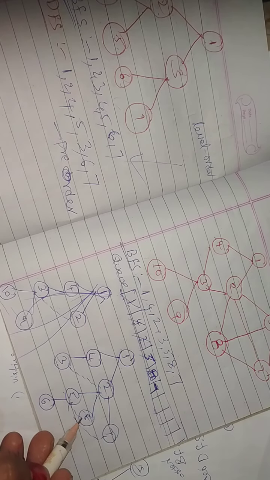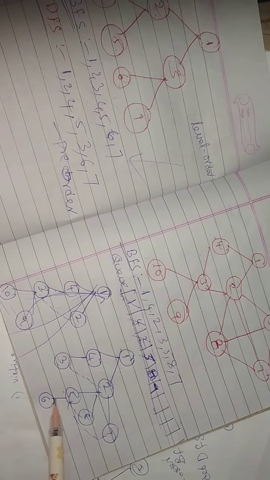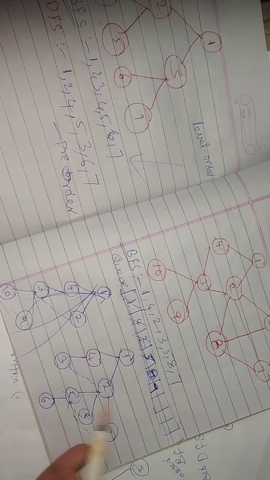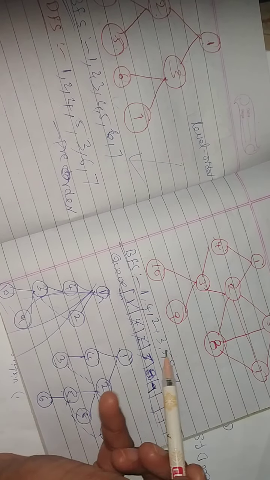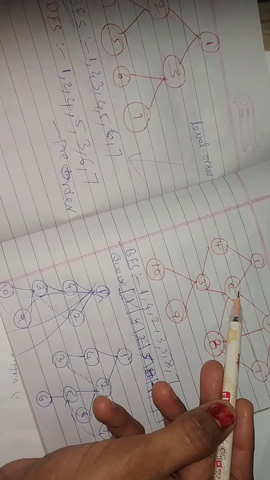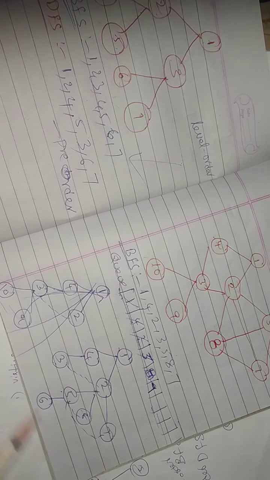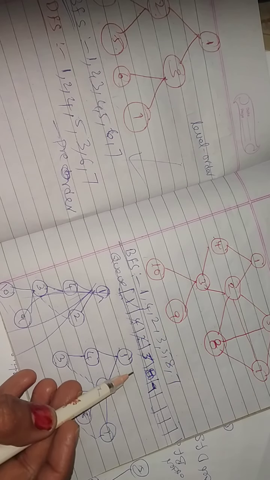Okay. 5 to 8, 5 to 7 is completed. 5 to 6 I have written. 2 to 5, 2 already visited. That's why a dot. Okay. We wrote it here. We explore that. Next. 5 to 8 is completed. 5 to 6 is completed. 5 to 7. 5 to 2 is completed. 5 to 7 completed. 5 to 8 okay. Completed. Next. Which one do we have to explore next?